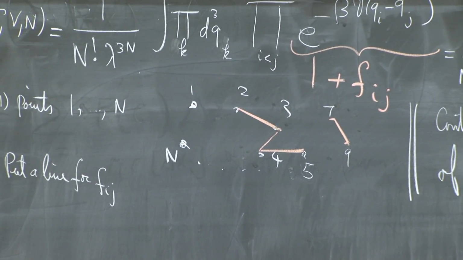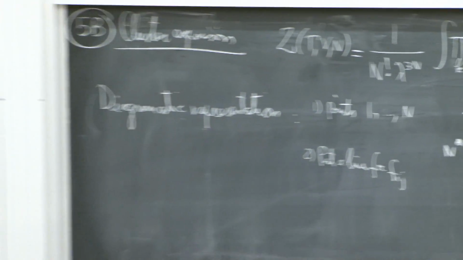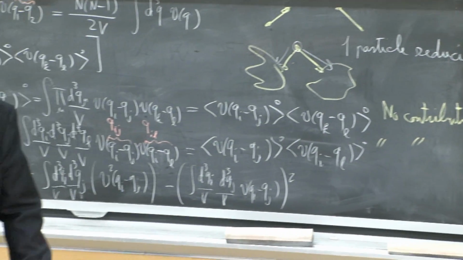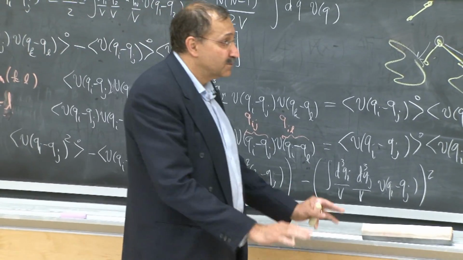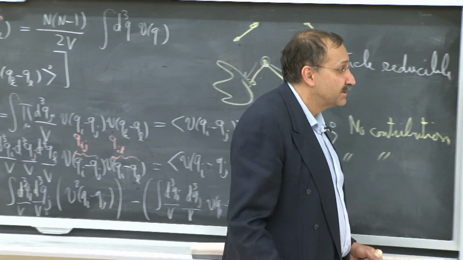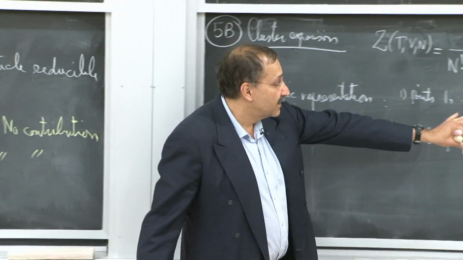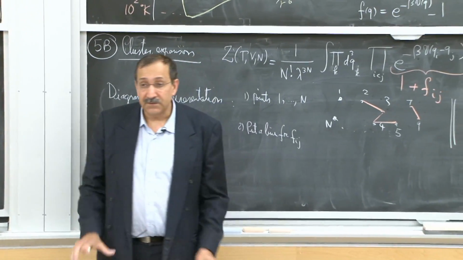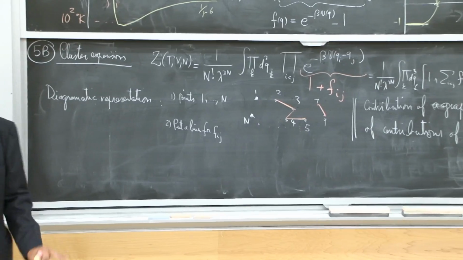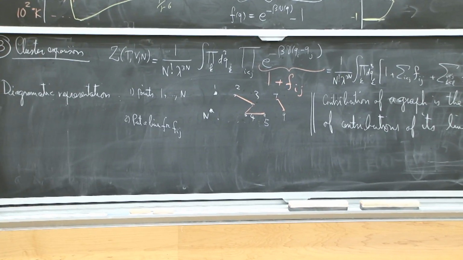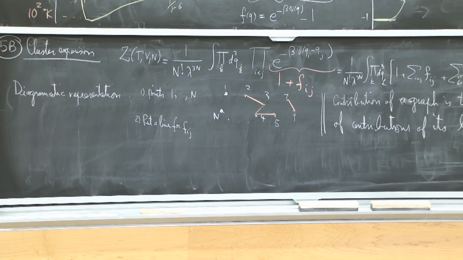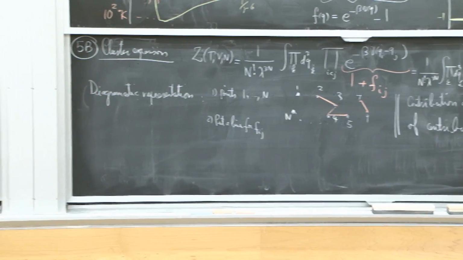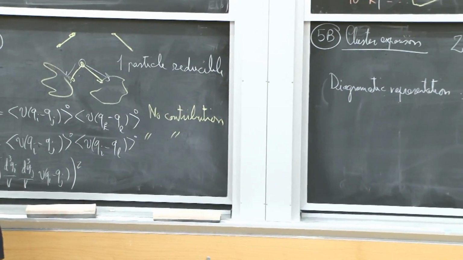All of those will simply give me a factor of V. Right? Is everybody happy with this simple statement that if I think of these linked clusters as some collection of points that are linked together, the value that I would get for this diagram would be the product of the contributions that I would have for each of them? Okay?